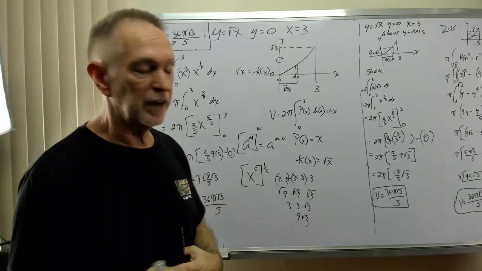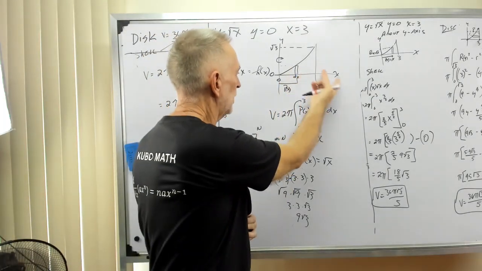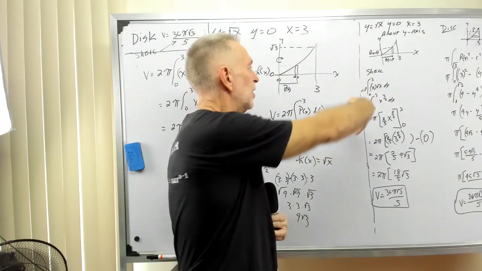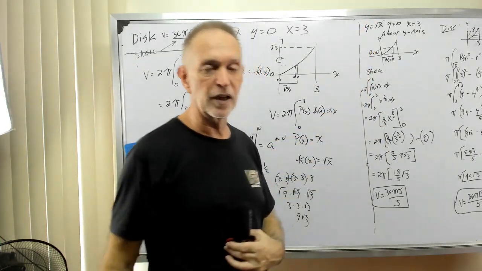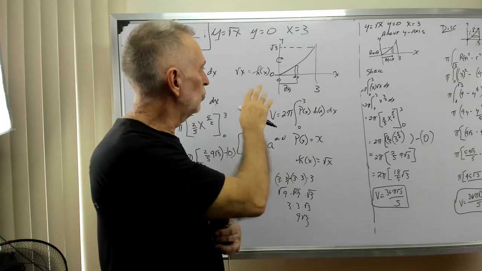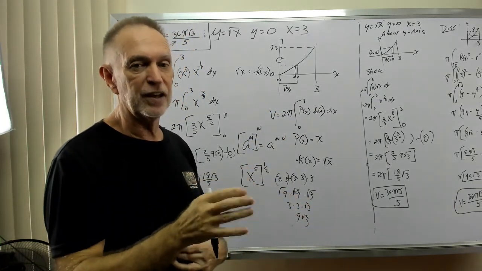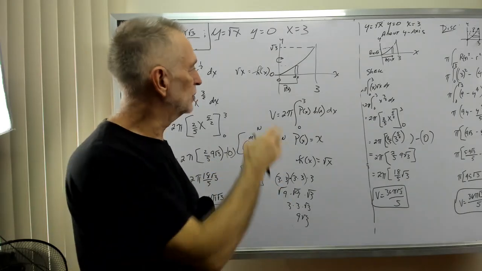I think in the next video we're going to rotate around 3. And then in the following one we're going to rotate around a number out here, a 6, let's say. And get to where we can use the shell or the disk, because there are advantages each have based on what the function is.